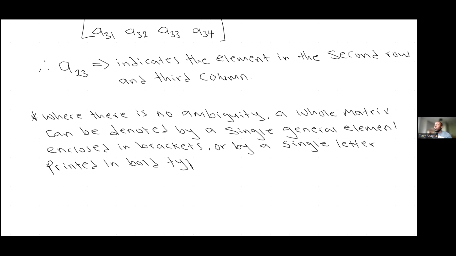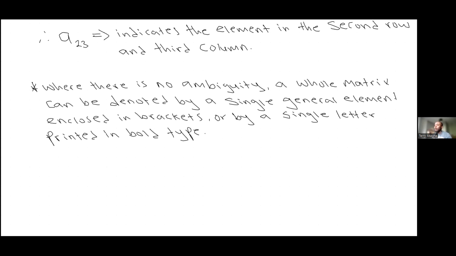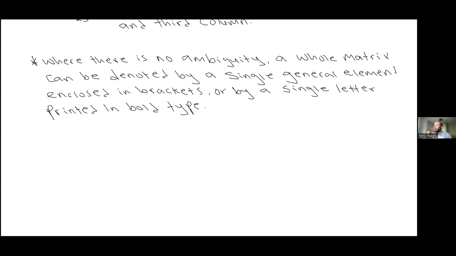Okay, so for example, if you look at this, let's say we have this element. We have A11, A12, A13. Have you seen it? Or you can say this is A21, A22, and A23. Okay.